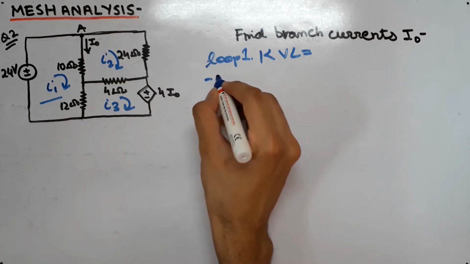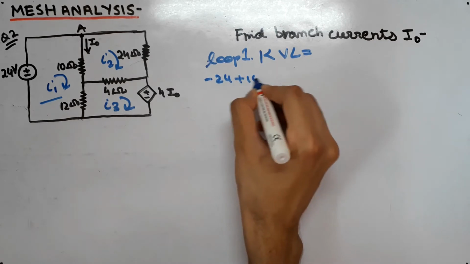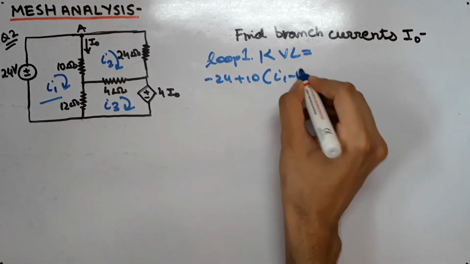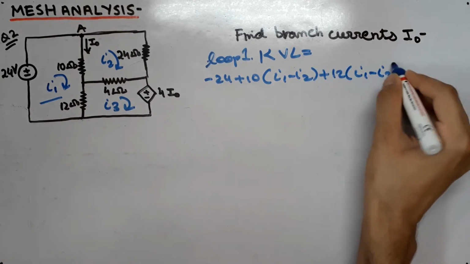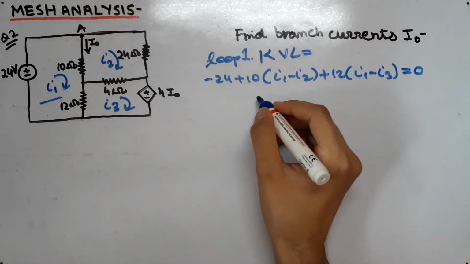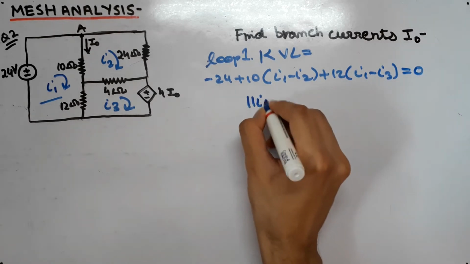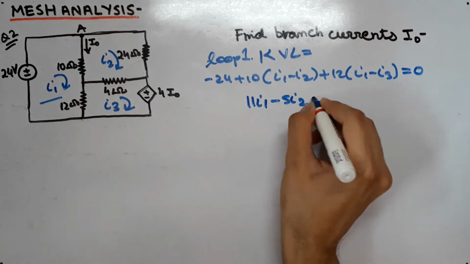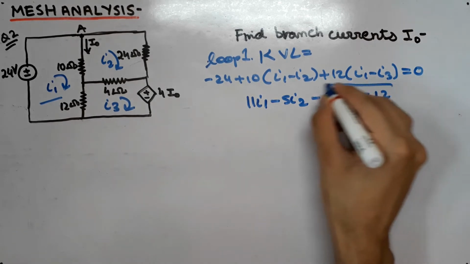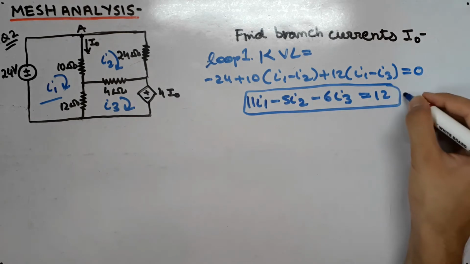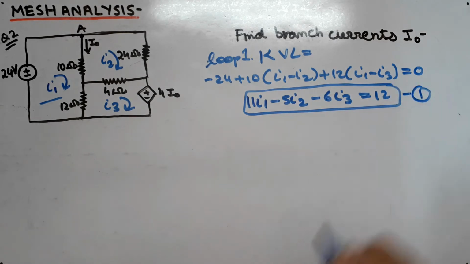and we will get the equation as minus 24 plus 10 into (i1 minus i2) plus 12 into (i1 minus i3) is equal to 0. On further solving this, you will get 11i1 minus 5i2 minus 6i3 is equal to 12. We will name this equation as equation 1.